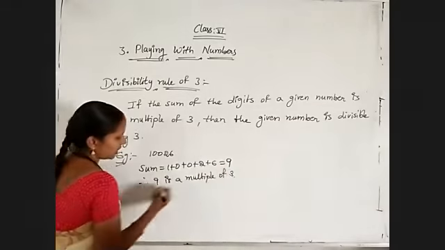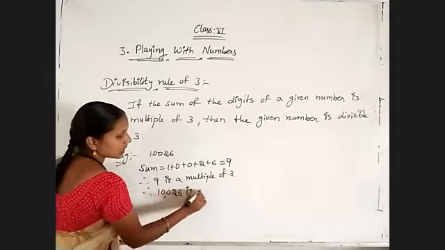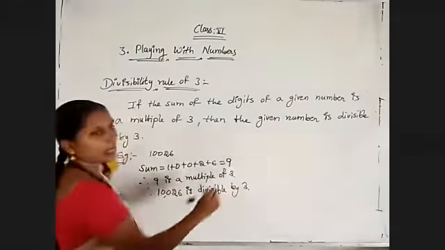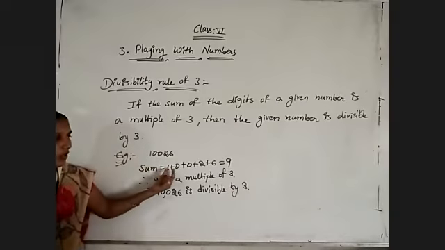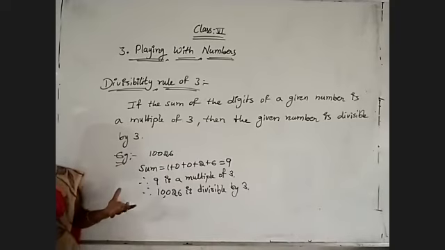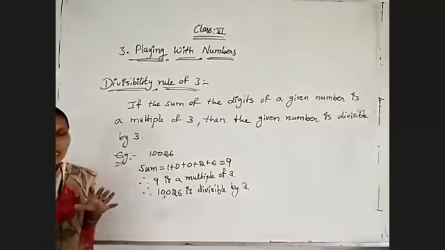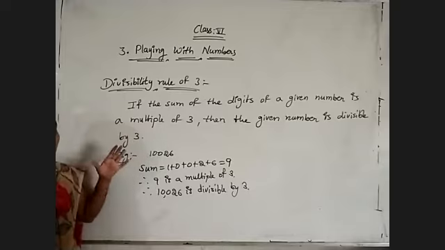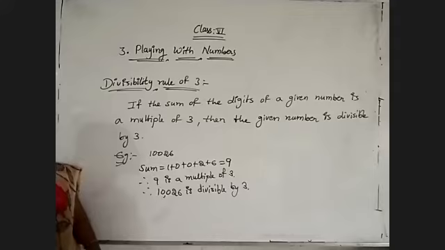Therefore, 10,026 is divisible by 3. Okay, like this we need to check. See, no need to go for actual division. Directly we are doing it in a single step. So that's why we are using the divisibility rules, to reduce the time and to do it in the easiest way. That means to avoid the difficulty while we are checking whether the given numbers are divisible by so and so numbers. So for that sake, we are having these divisibility rules.